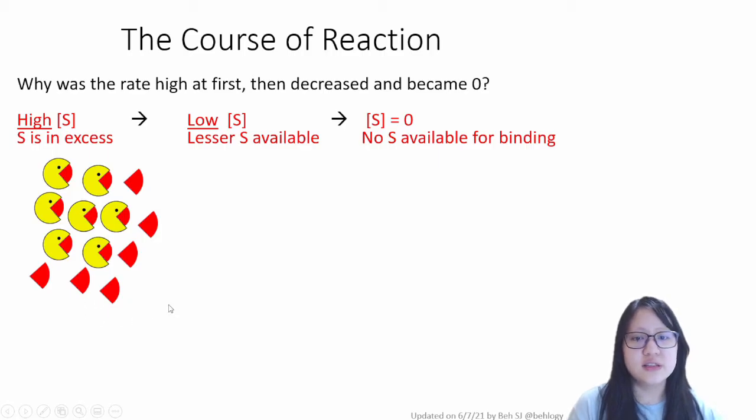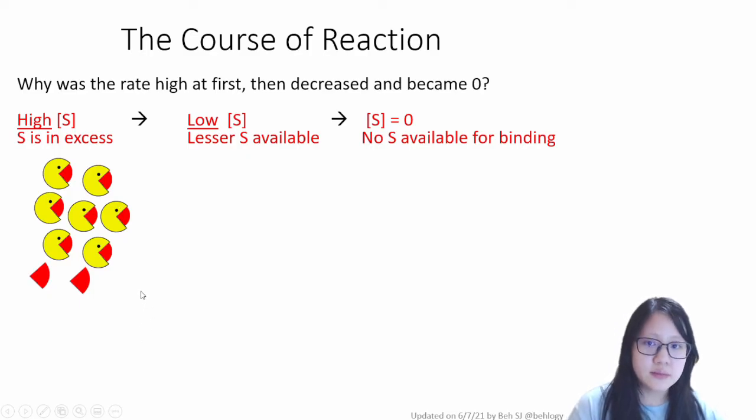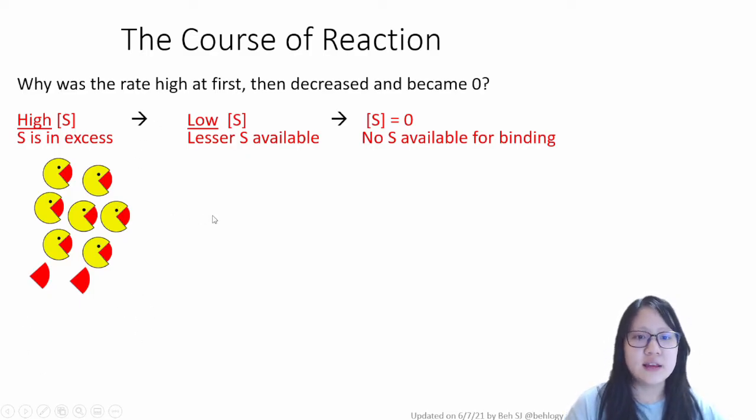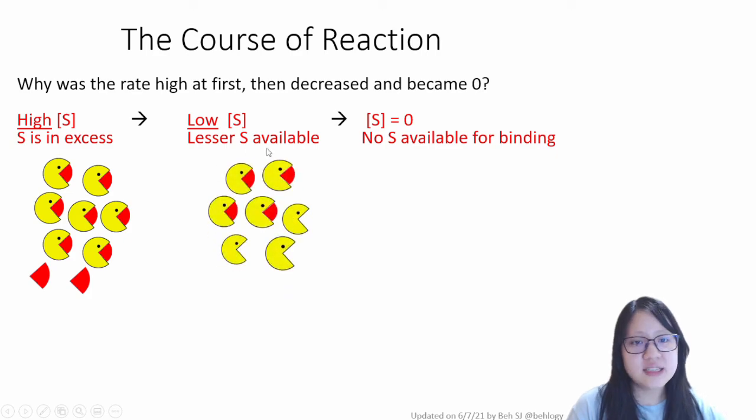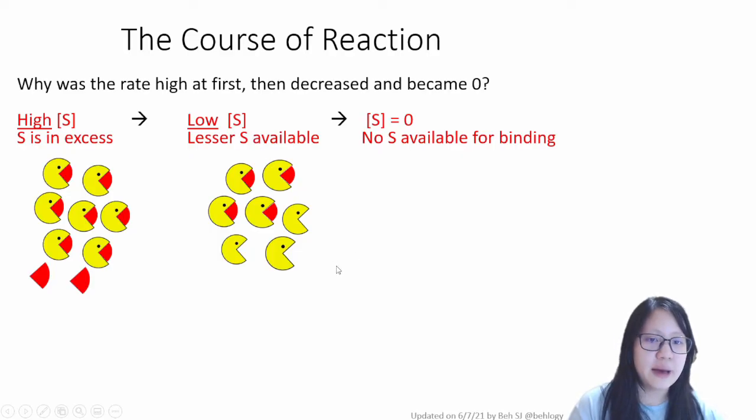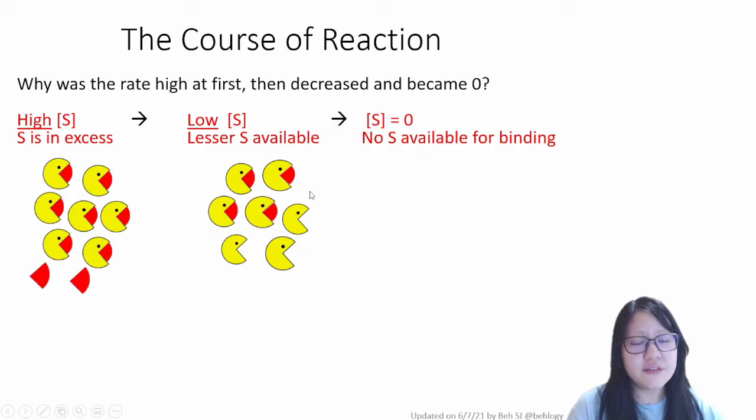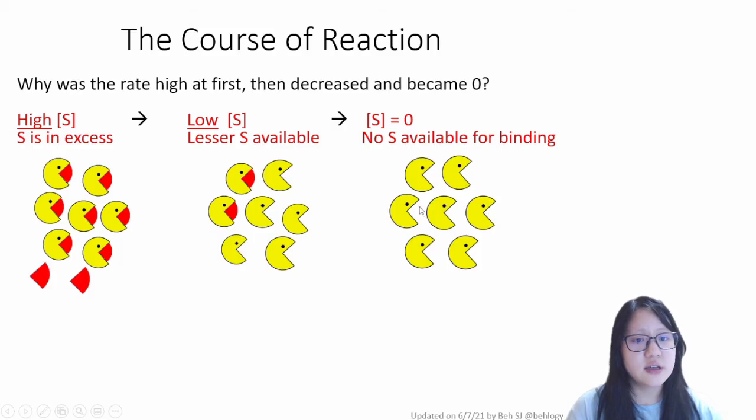So the reaction rate is high. However, over time, more substrates get used up, okay? And over time, fewer substrates are available. So a lower substrate concentration occurs, right? And after all those substrates are converted into products, basically there's no more substrates available for binding.